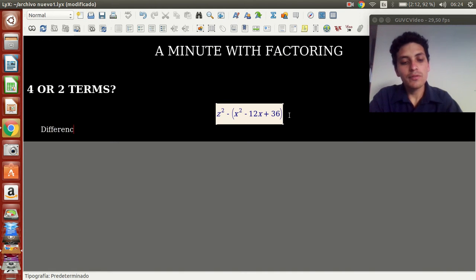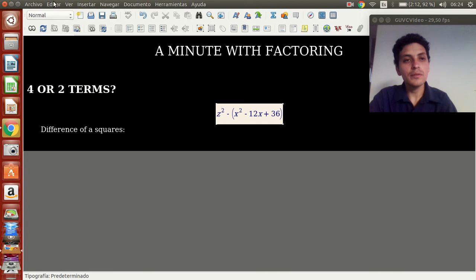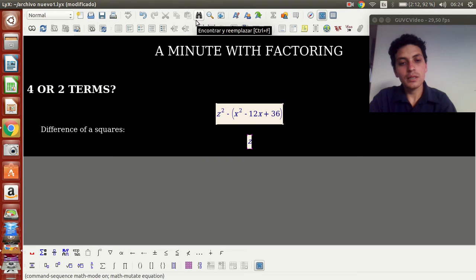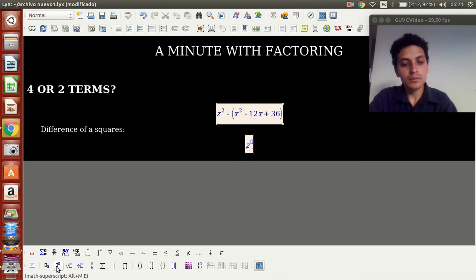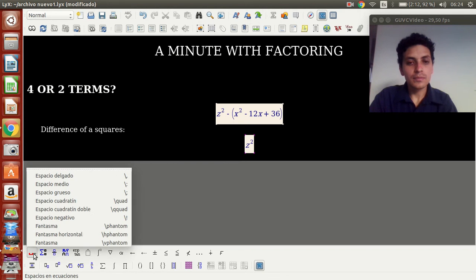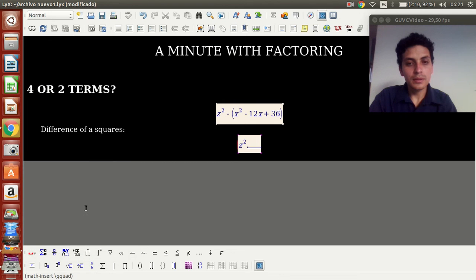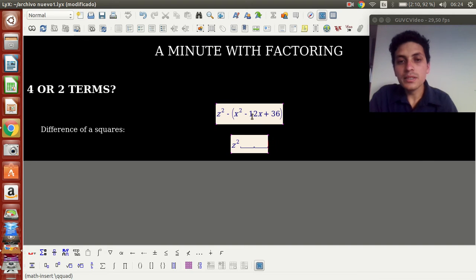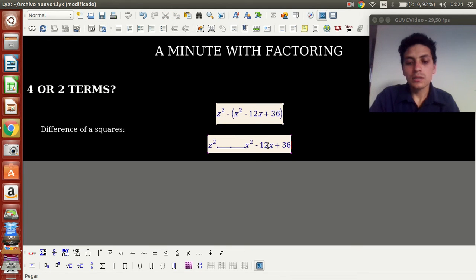So, z squared, yes, it's a square, and x squared minus 12x plus 36, we have to check if it's a square.